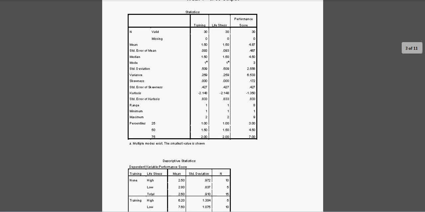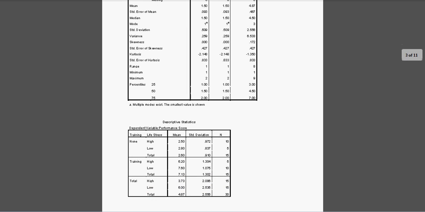We've got the mean performance for our separated groups: no training high stress, no training low stress, training high stress and training low stress. You're probably starting to get an idea of what might be going on here just from these numbers, but again, we want to run the statistics and see what's going on.